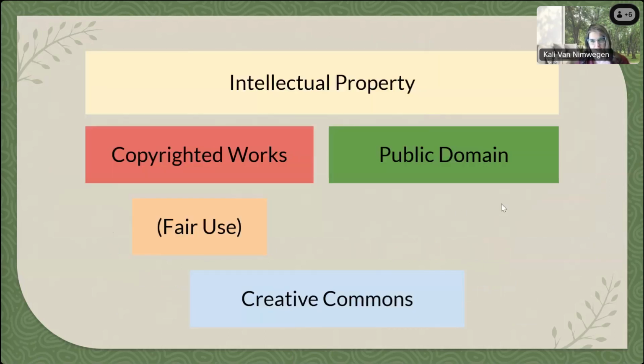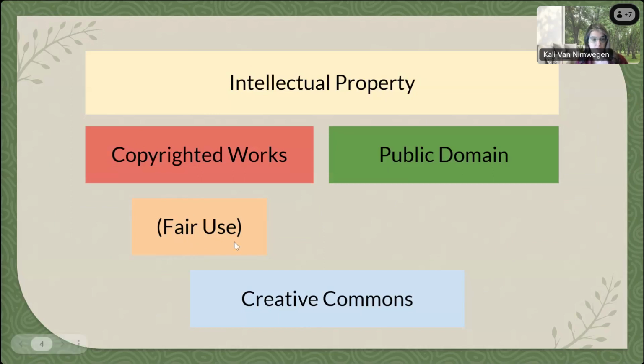All right, let's get nerdy. So intellectual property is kind of this very large umbrella of creative works that people have made. And under this umbrella, there are copyrighted works, which authors still have the control over, and you must either get access, be granted access to use them, pay for that access, or be given access to use them legally.